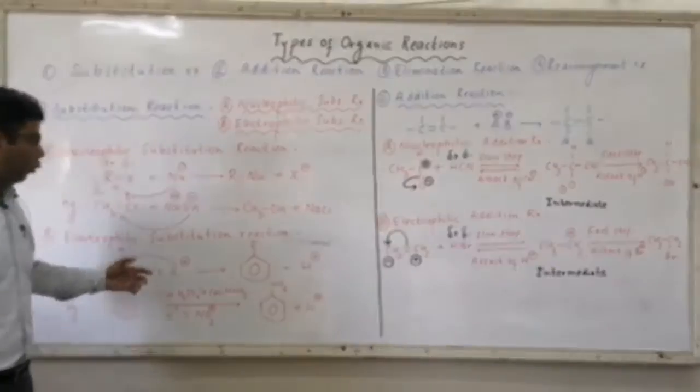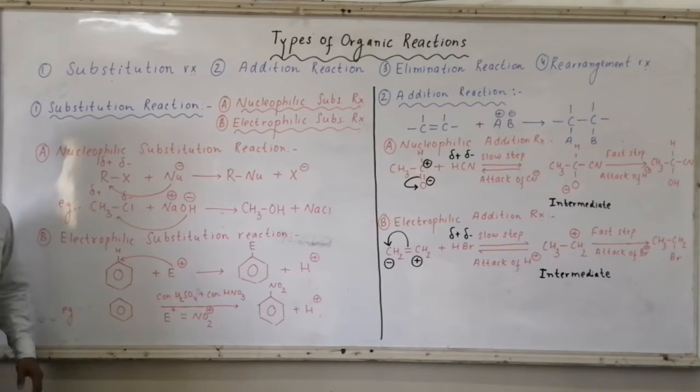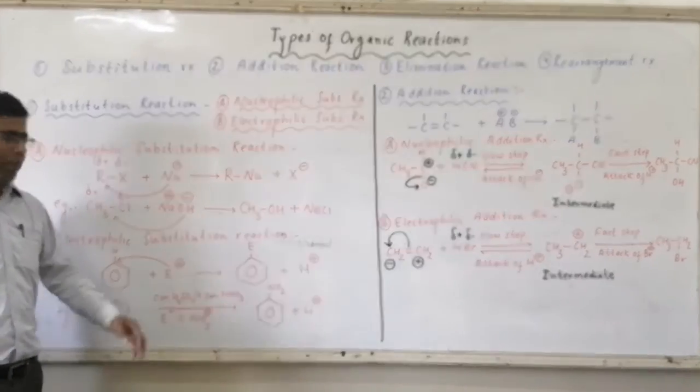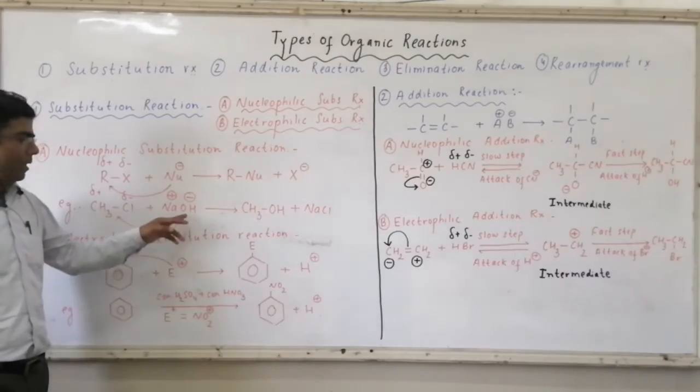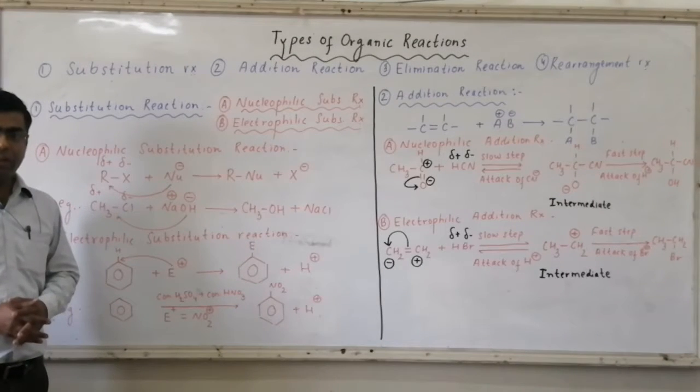Now, equation or chemical reaction: CH3Cl, which is called chloromethane or methyl chloride, when made to react with sodium hydroxide. In sodium hydroxide, Na is having complete positive while OH is having complete negative because it is an ionic compound, it's a base.